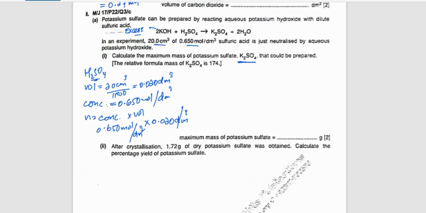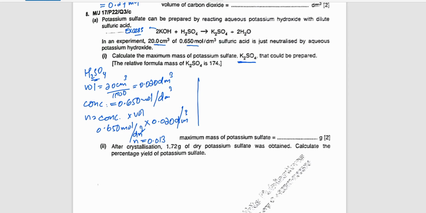Dm cube will be cancelled with the dm cube. So what we get over here is 0.020 multiplied by 0.650, 0.013. Sorry, this is number of moles, not x for now.